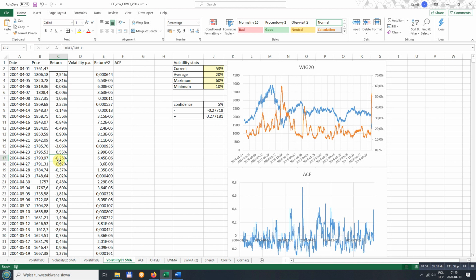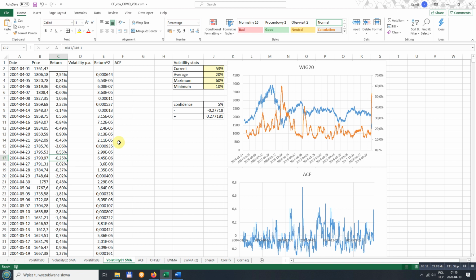And one other example of how to account for these volatility clusters would be to use an exponentially weighted moving average. Right, so in a simple moving average, our way to deal with volatility clusters was to choose only a subset of data.